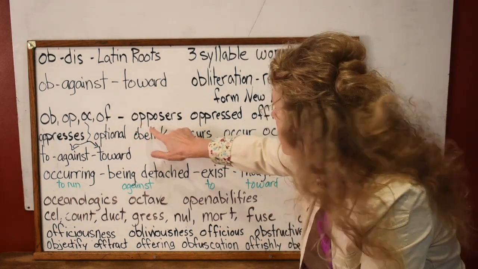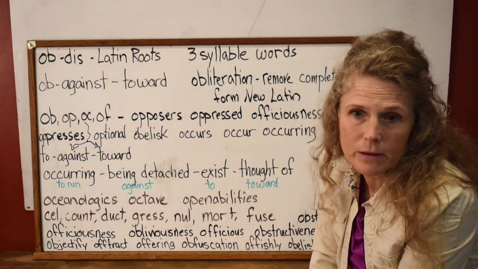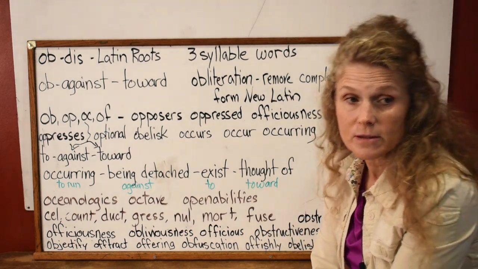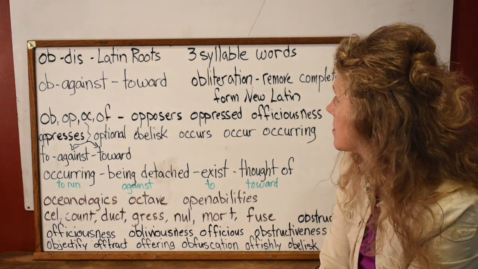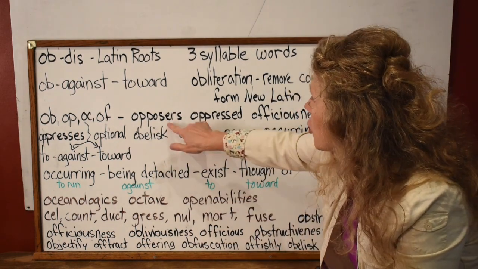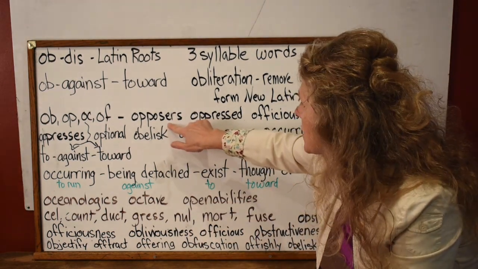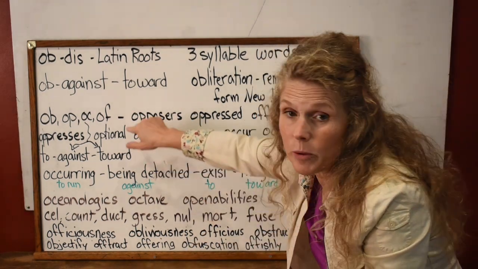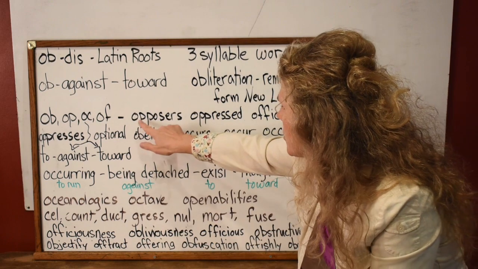OP goes, what's your Latin root in there? ERS. Pose. Pose is the Latin root in here. Right here, ER is your suffix, and then you have the OP right here, that is your prefix.